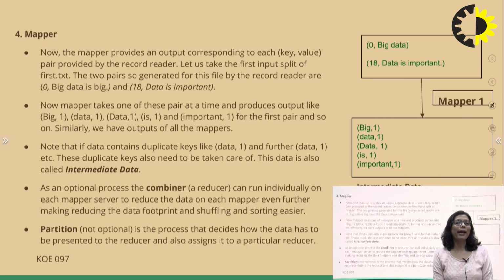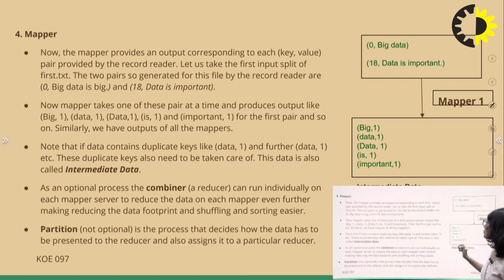This is my processing task. So the mapper will find the frequency for each of these key value pairs. Here it has found that the frequency of big is 1, data is 1, and in this line data is 1, is 1.